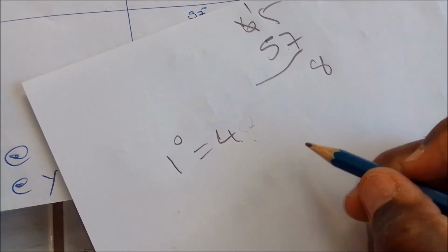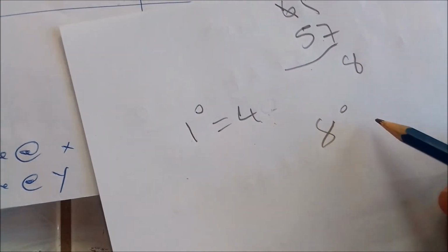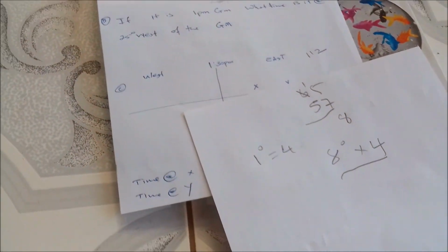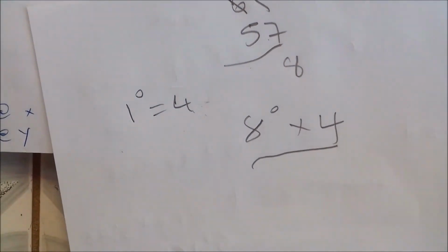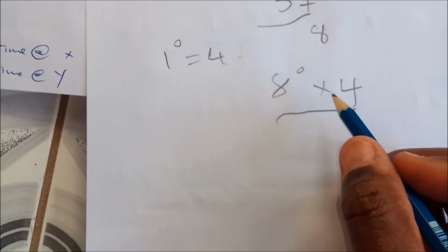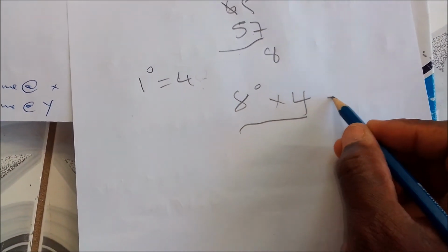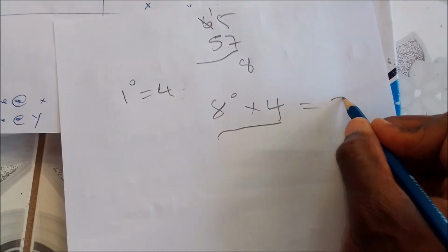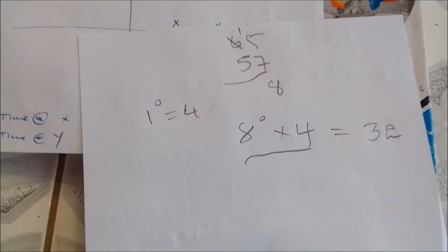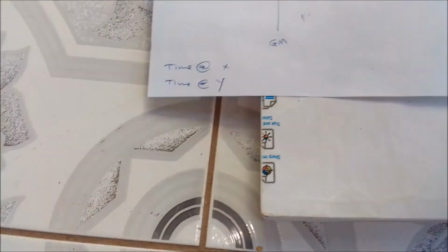Okay, so therefore 8 degrees equals 8 times 4, which is 32. So the answer is gonna be about 32 minutes, right? So it's gonna be just an addition of about 32 minutes.